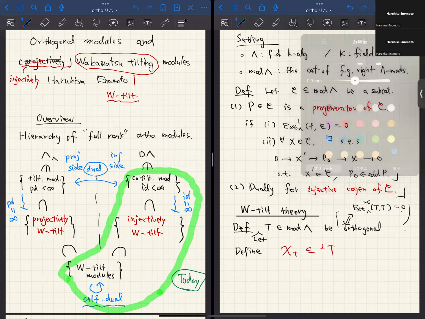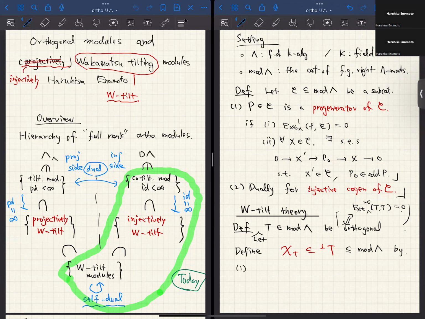X_T and T-perp, these are subcategories of mod lambda defined by the following requirements. So T-perp is the X perpendicular category, maybe sometimes written like this.